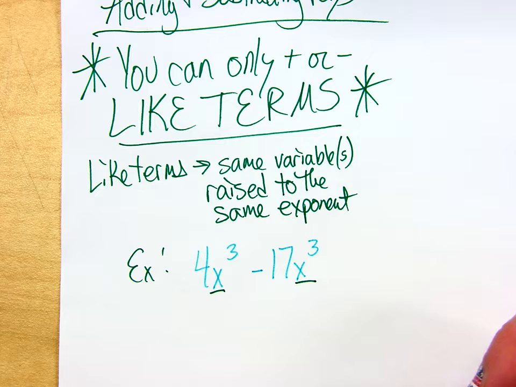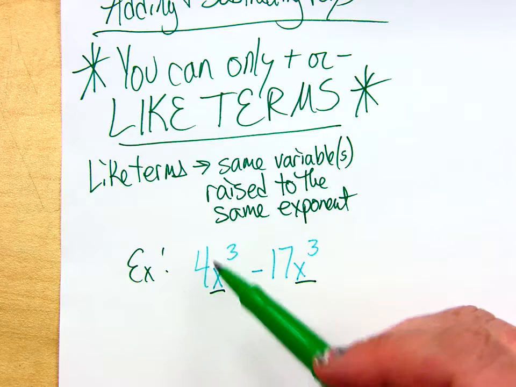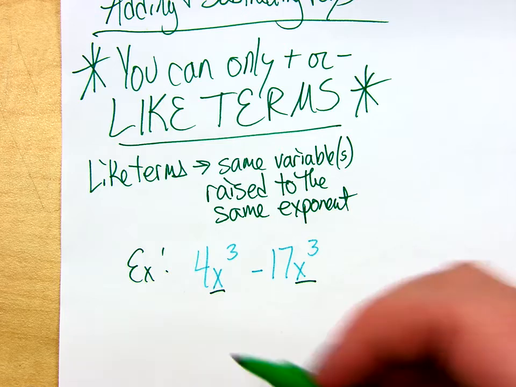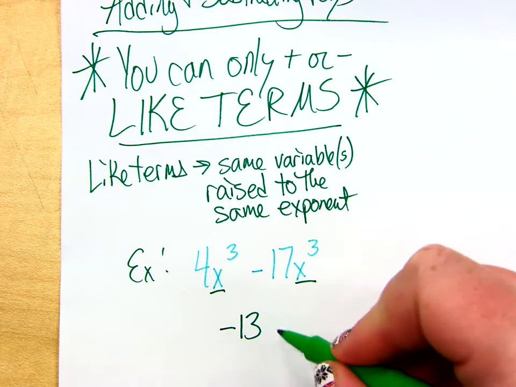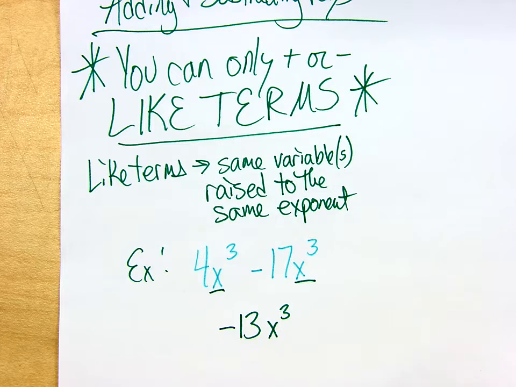So once you figure out you have like terms, all you do is the math on the coefficients, the numbers in front. And then you're just going to leave the variable with the exponent all by itself. It's like I have 4 of these things, and I'm going to take away 17 of these things. So I would be left with negative 13 of these things. See how the x to the third doesn't change?